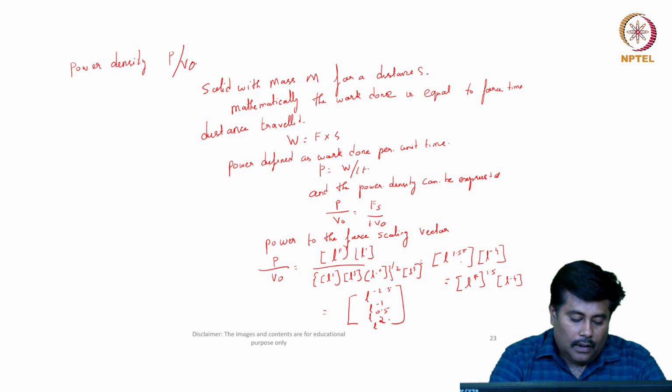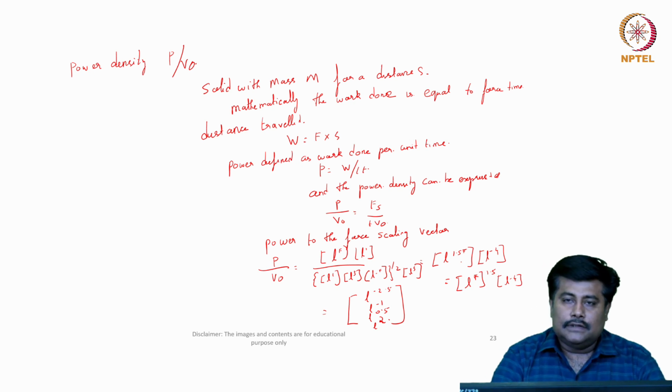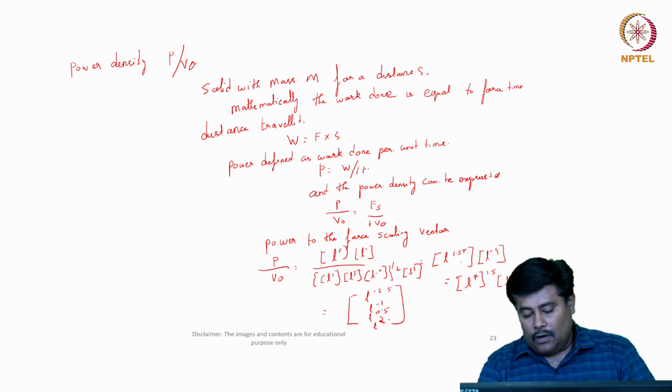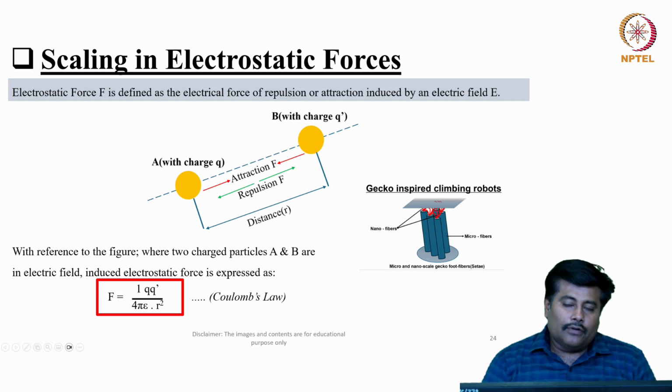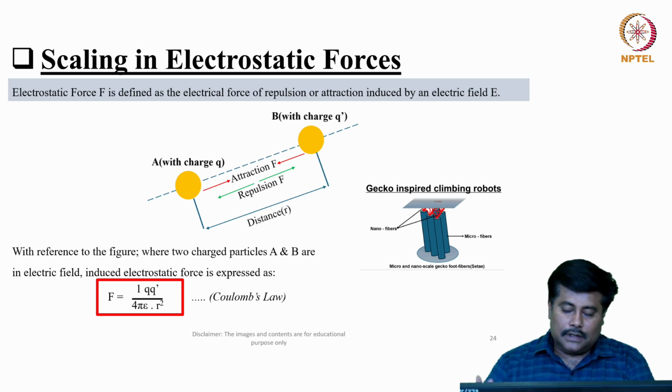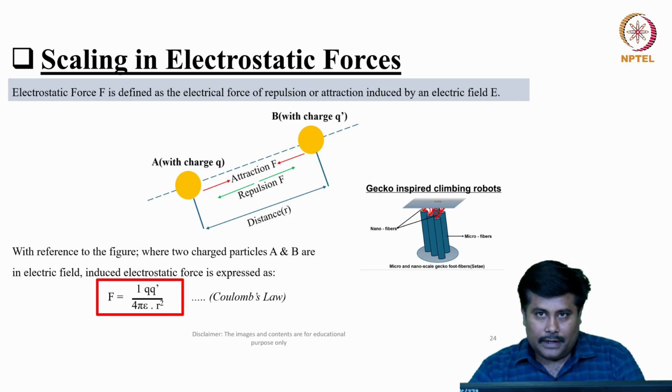Okay. Now, let us discuss the contribution of electrostatic force, and how electrostatic force and electromagnetic force contribute towards these robotic systems. So, let us discuss the scaling involved in electrostatic force.